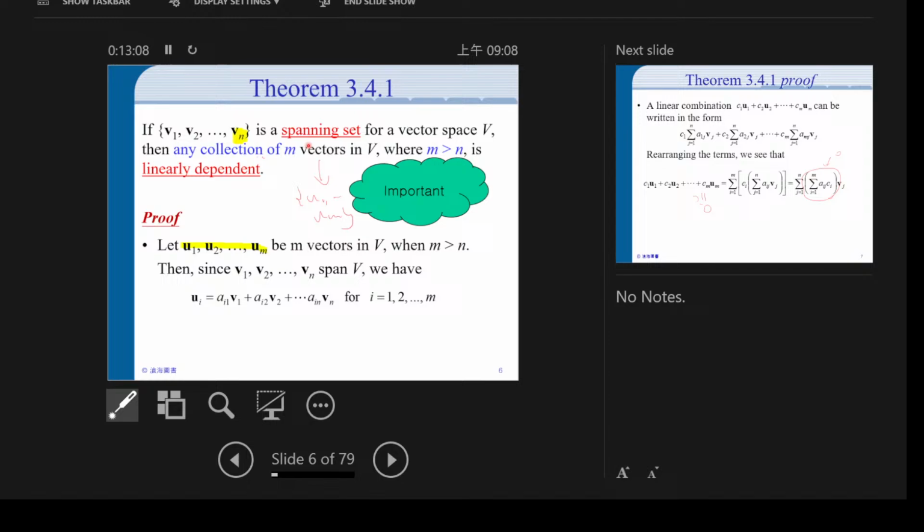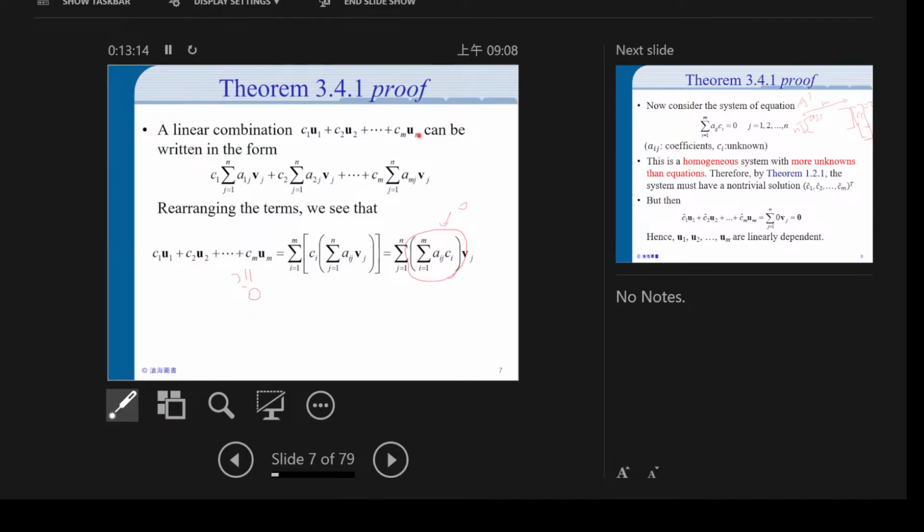Now we use our decomposition of U in terms of V. This becomes a linear combination of V with a whole bunch of C and A inside. So you have C1 times the summation over j of A1j Vj, and C2 times the summation over j of A2j Vj, etc.